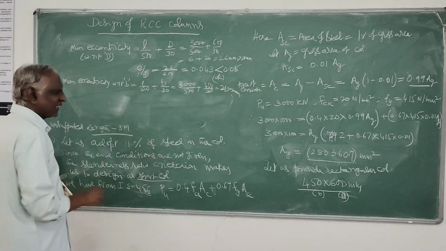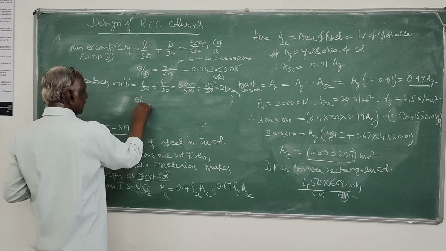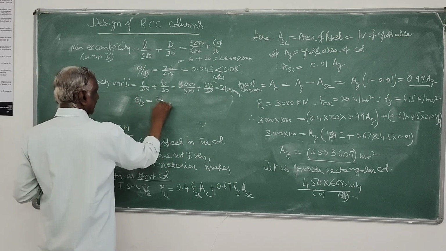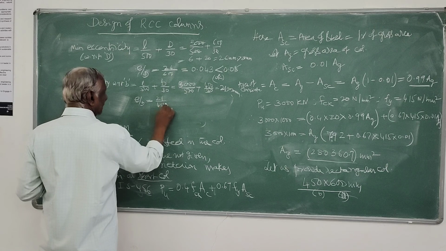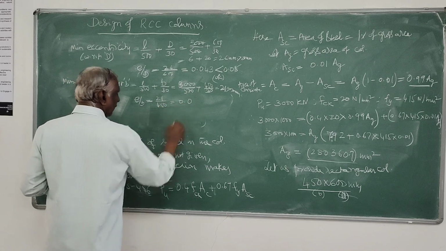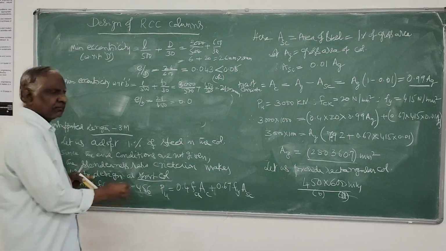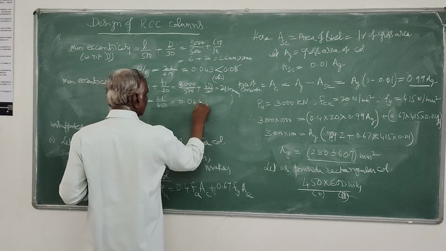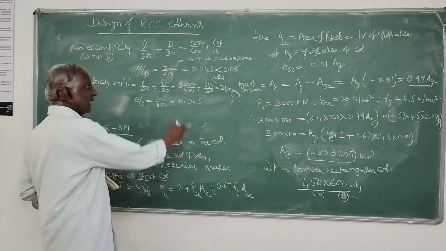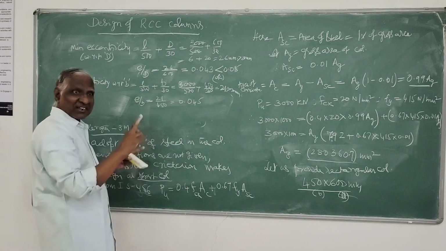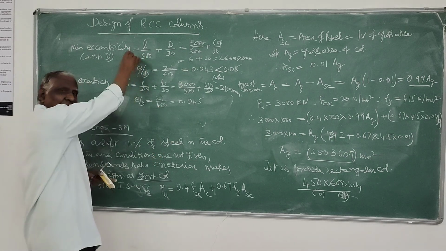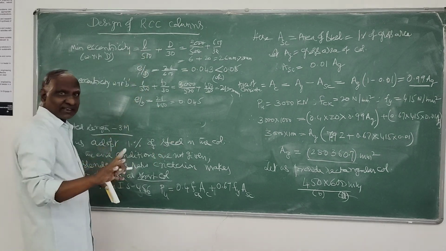Otherwise that satisfies. The E by B is 21 by 450, 0.046. See, actually this is more now. That's why I told you to check for both. Don't leave it at that stage.